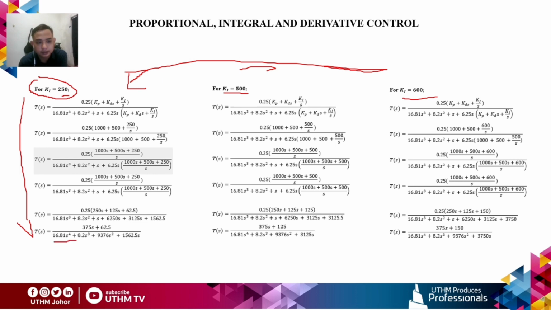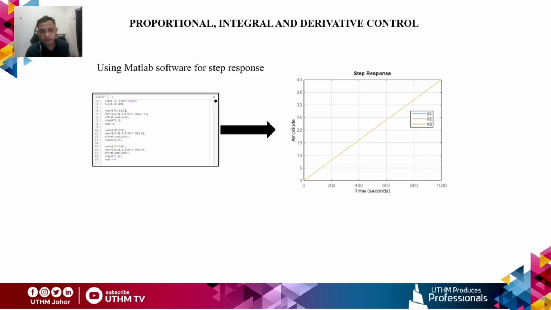The difference is only the value at the back, which is 1562.5 and 3125s and 37750s. So we get all the values from the previous slide for Ki 250, Ki 500 and Ki 600.